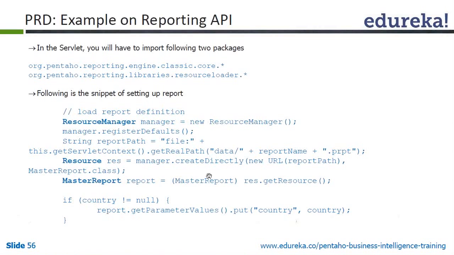Yeah, so once you have a master report instance, for one example we are passing country as a parameter, and if that country is not null, then only it puts it in the map, with the parameter name as country.